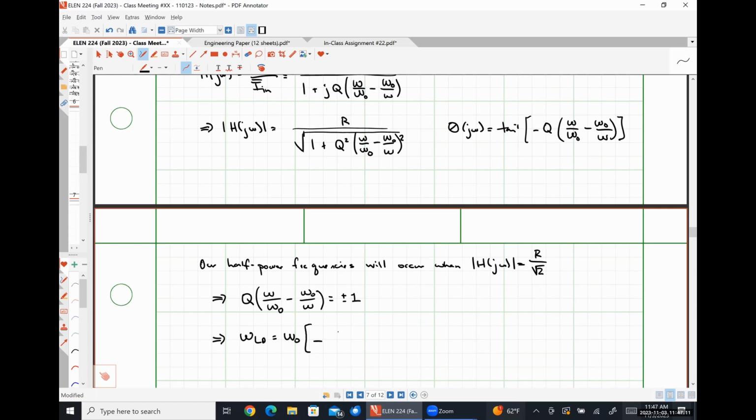Omega low is omega naught times negative 1 over 2Q plus the square root of 1 over 2Q quantity squared plus 1.